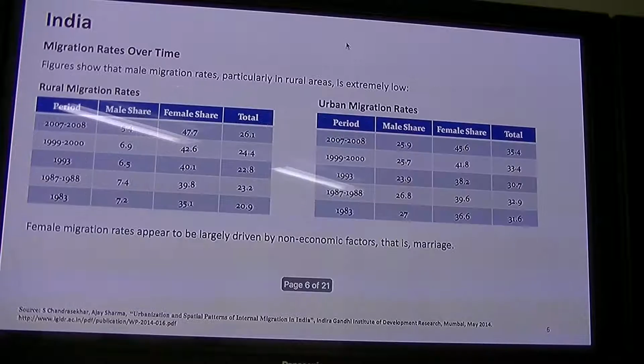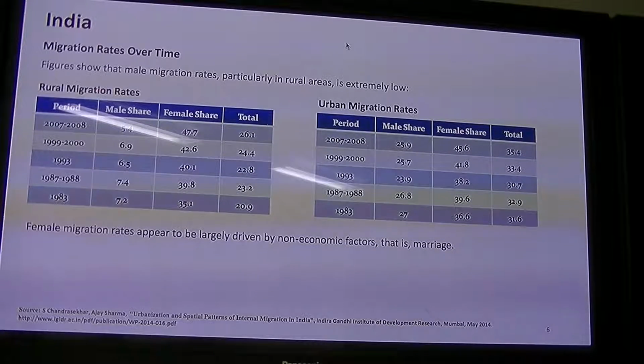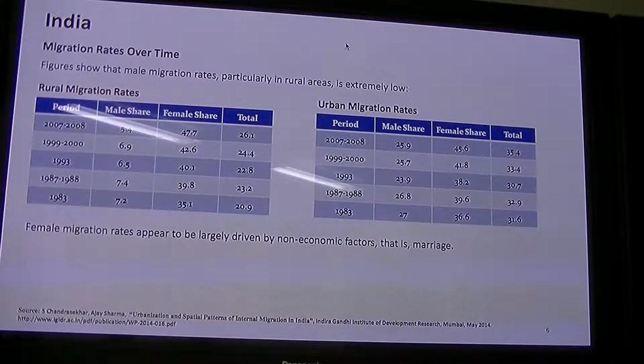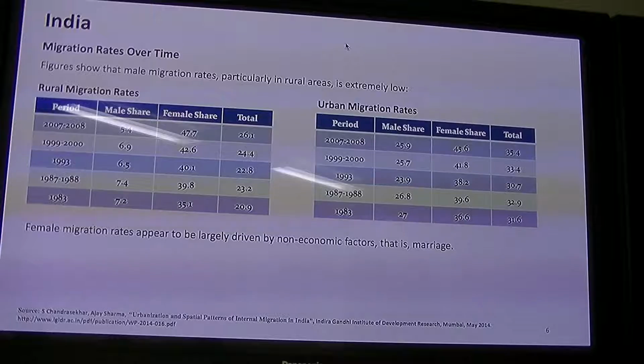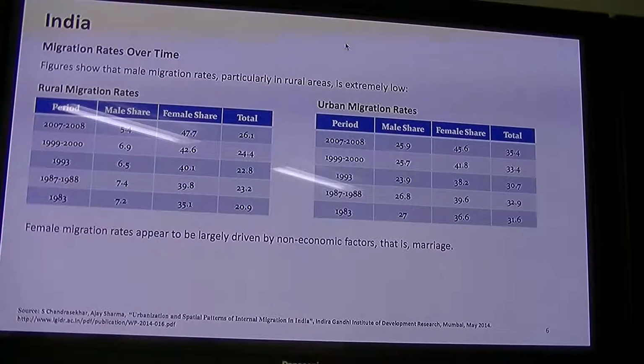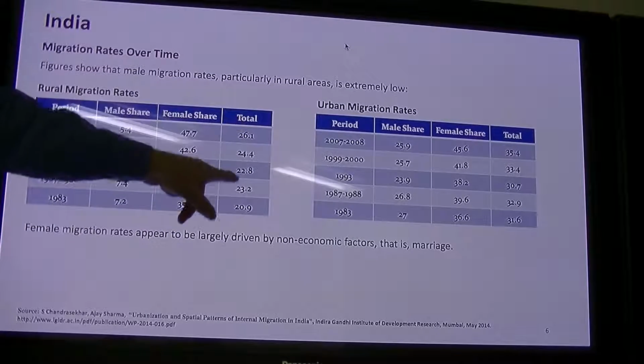In fact, one of the things we'll see here is that they're not moving very much. These are rates per thousand. I think this is per thousand people. And you can see it's a fairly low rate.